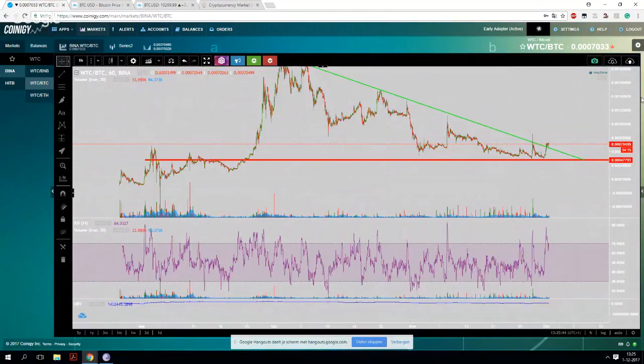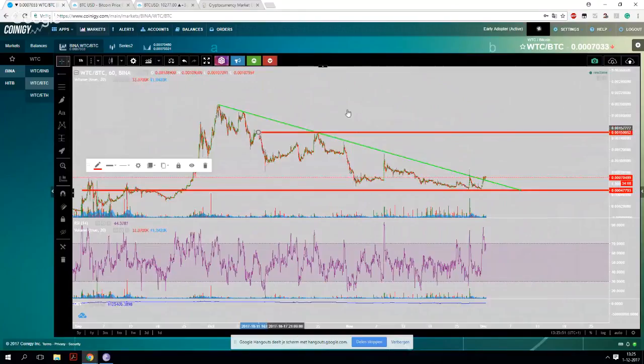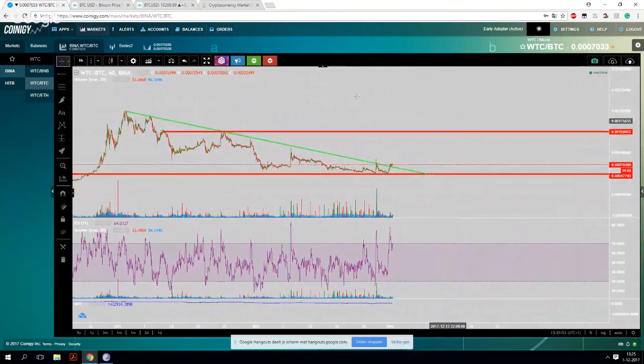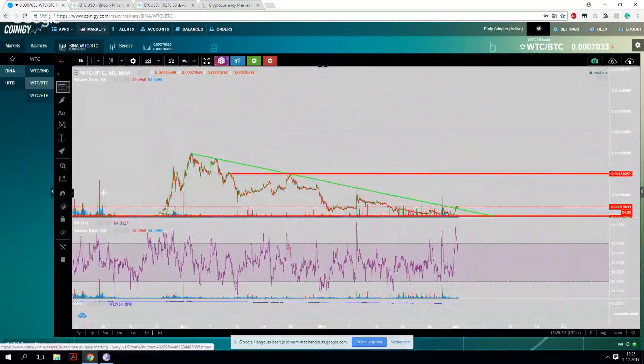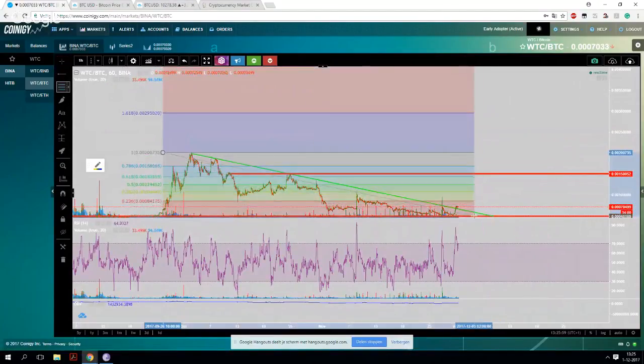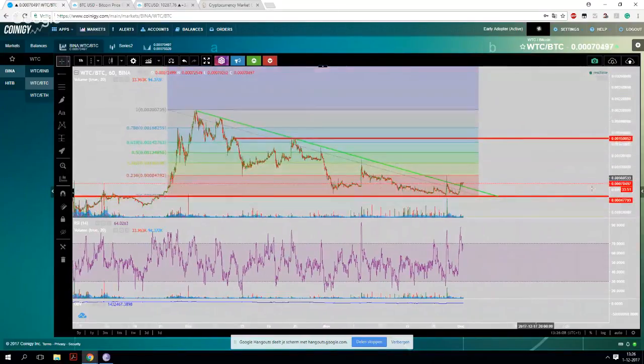So yeah, our targets. First target is going to be 150K. Second target is going to be 300K. This is a low market cap coin.